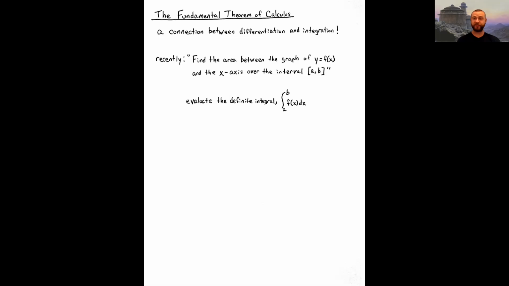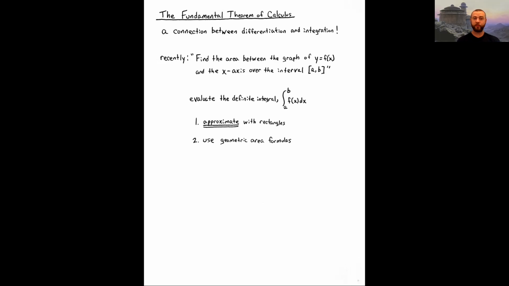We introduced that most recently as net signed area, allowing for area between that graph and the x-axis to be both above and below the x-axis. All right, and we were trying to evaluate a definite integral. That's how we'll calculate and answer this question.